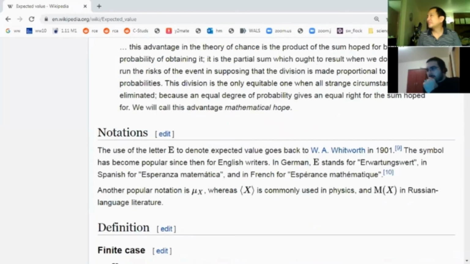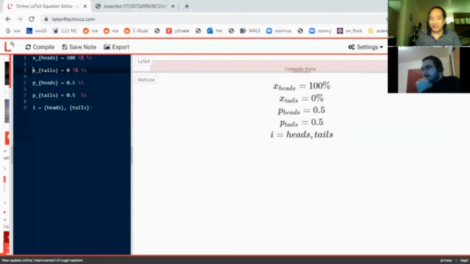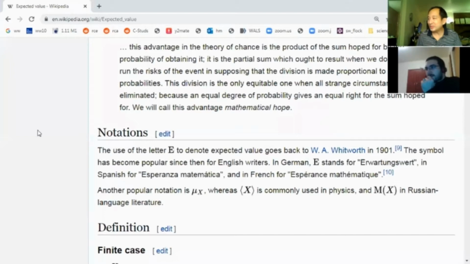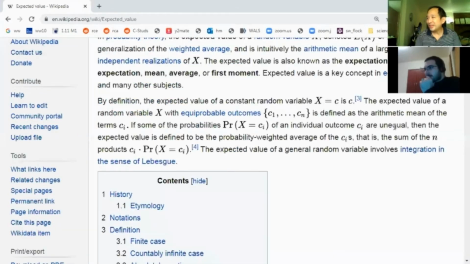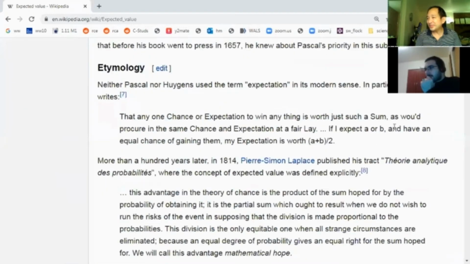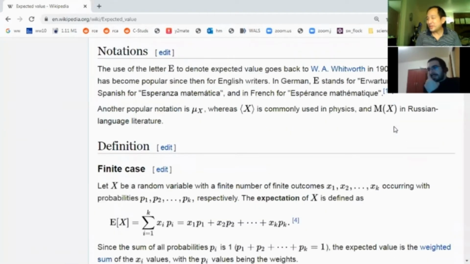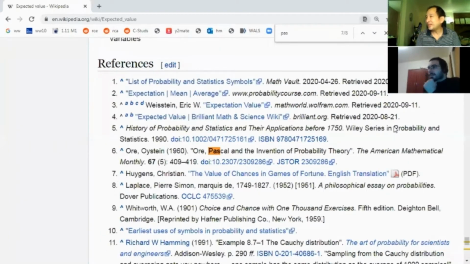All right, so let's go with the Wikipedia definition of expected value. I just totally clunked through this, and it's a little frustrating in math. Everyone defines their symbols differently. Let me see if they had the word Pascal.